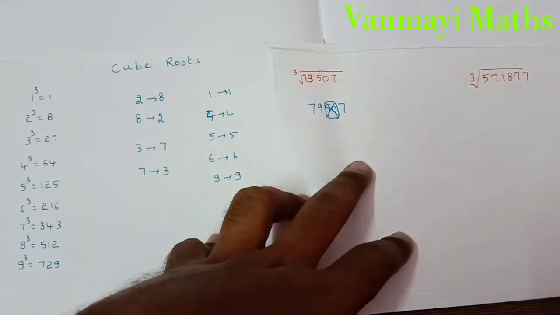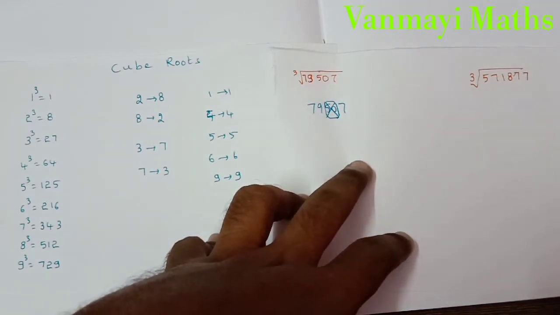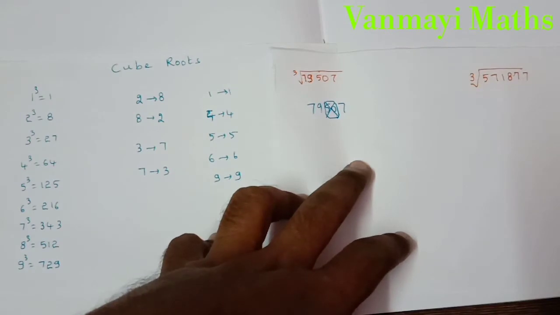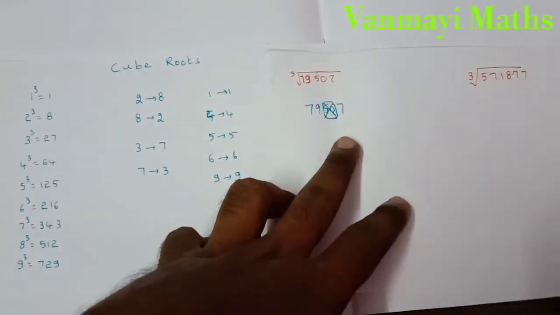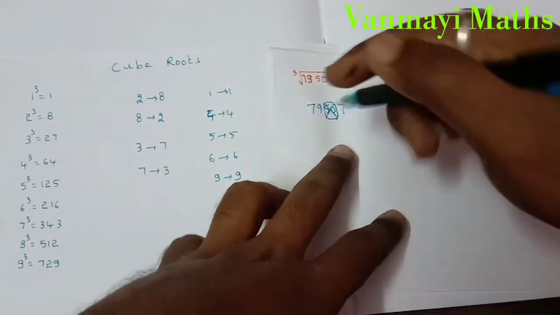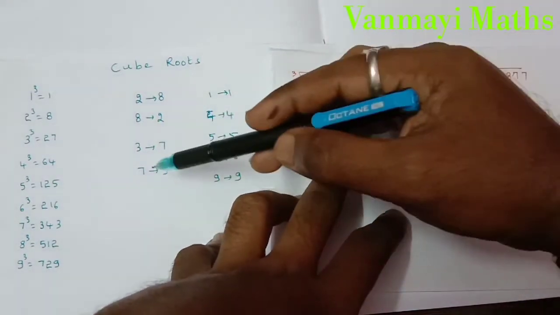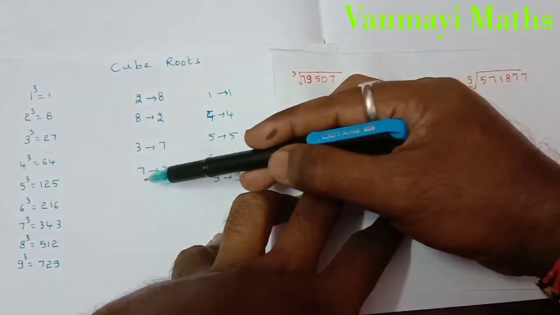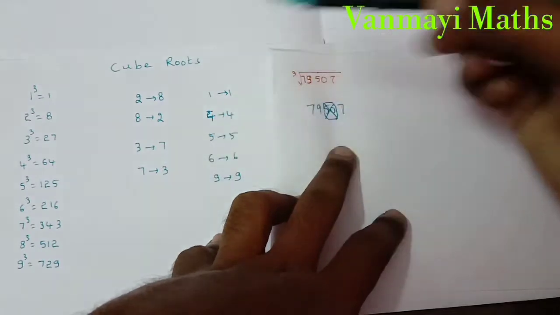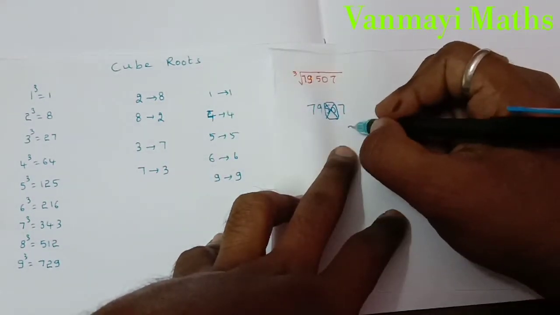I am rounding off, crossing them out. Then here 7 is in the unit place. If 7 is in the unit place, the cube root's units place is 3. So just writing here 3.